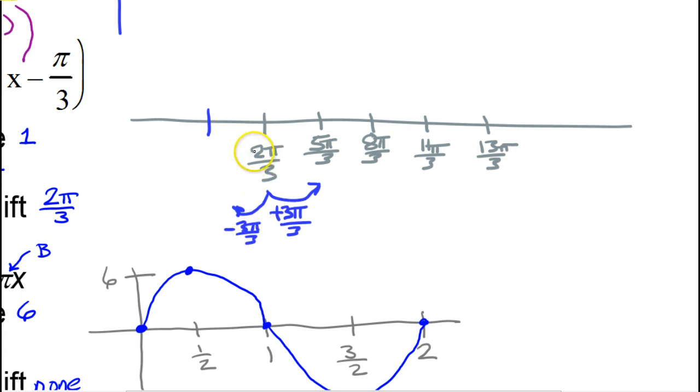So 2 pi over 3 minus 3 pi over 3 is going to be negative pi over 3. So I already get a negative number. That tells me that the y-axis is going to be in between here somewhere, because the y-axis is at 0. That's how I know it'll be between the negative and the positive. So I'm just going to go ahead and draw my y-axis right in here.